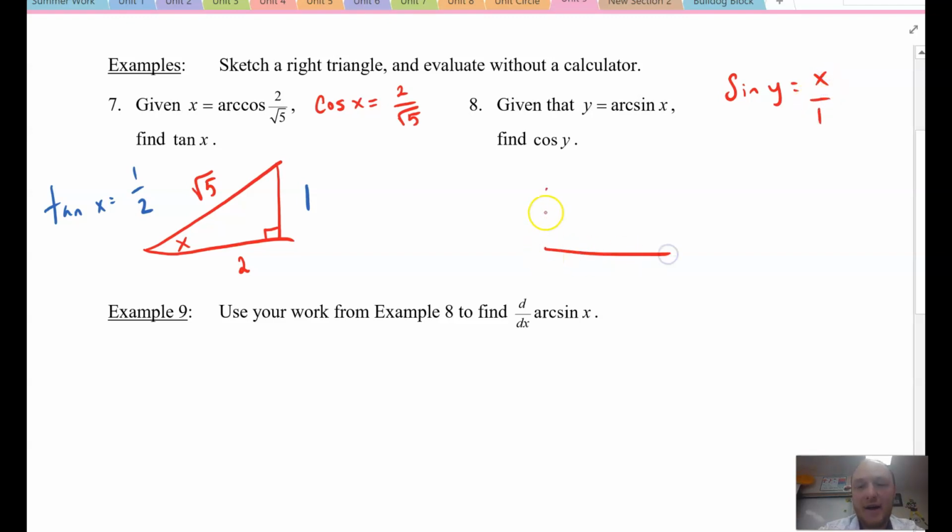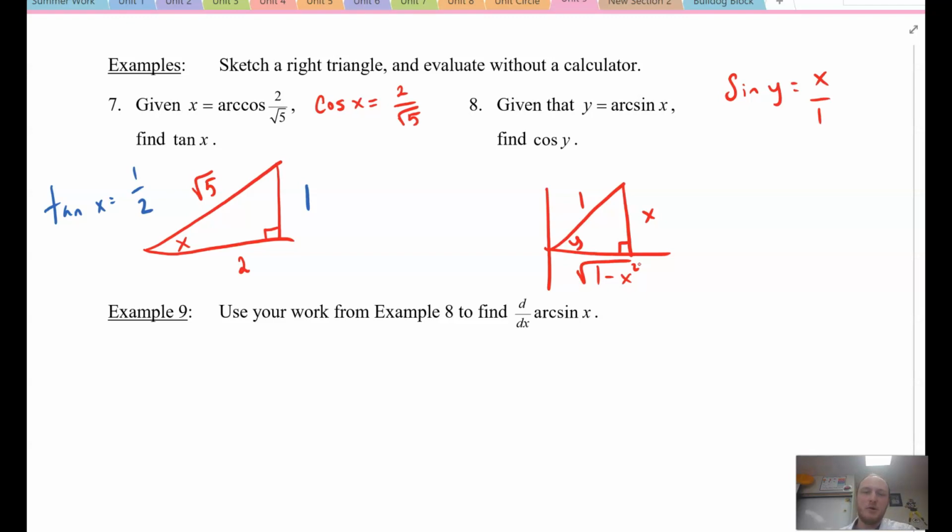So if I have a triangle, and it is right, and this is y, sine of y is equal to opposite over hypotenuse. Notice I'm missing this side. So now if we used Pythagorean theorem, you would end up here with the square root of 1 minus x squared. And if you want to, pause the video and work that out. Otherwise, you can believe me.